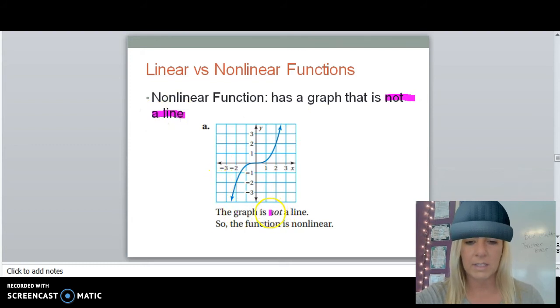The graph is not a line, so therefore the function is nonlinear. You can see the curve in the graph, so it's not a line. Eventually you'll get to something called a parabola, which is a fancy term for some of these types of graphs.